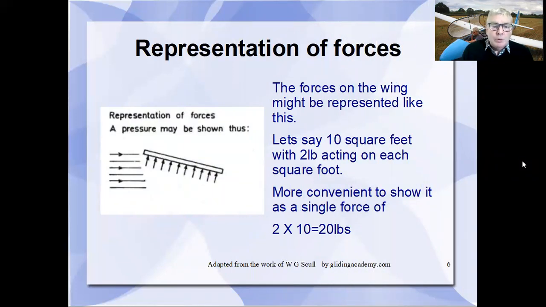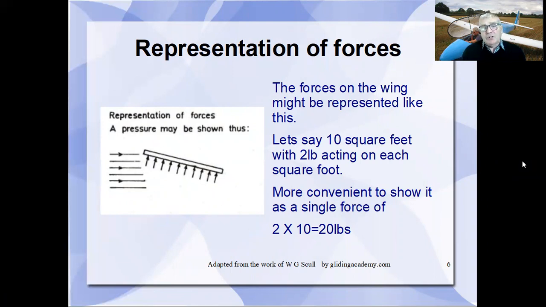When we represent forces in diagrams, of course, if you think back to the flat plate for a moment, we have a pressure upwards on the plate, and we could represent that as a series of little arrows, as I've drawn on here.